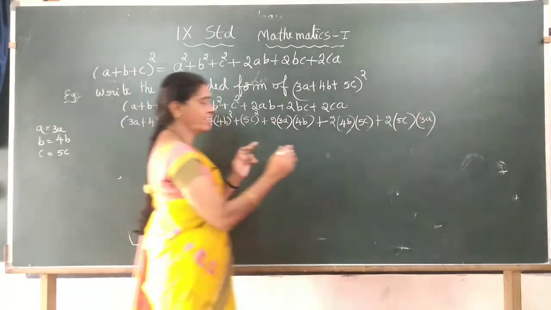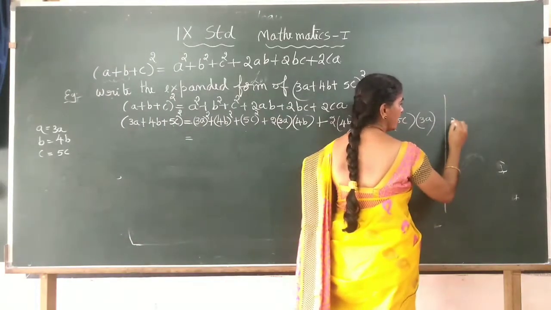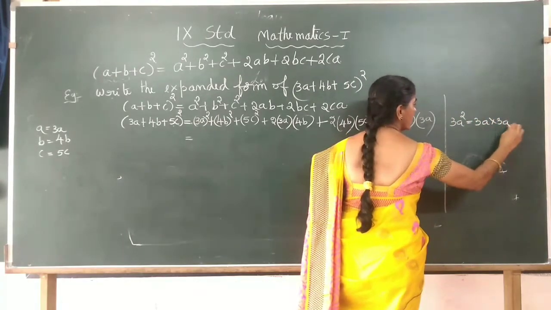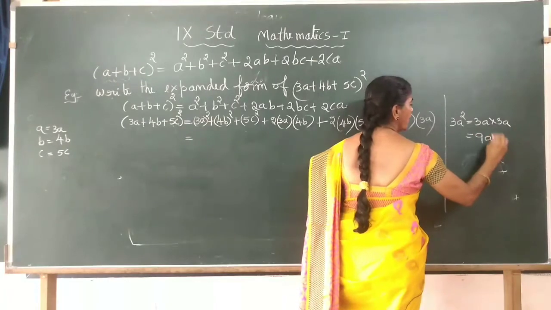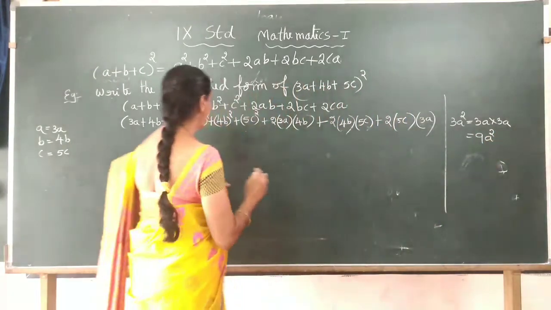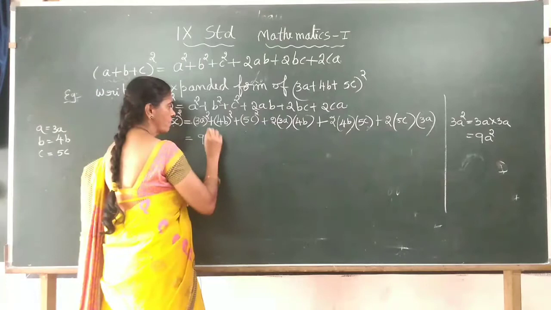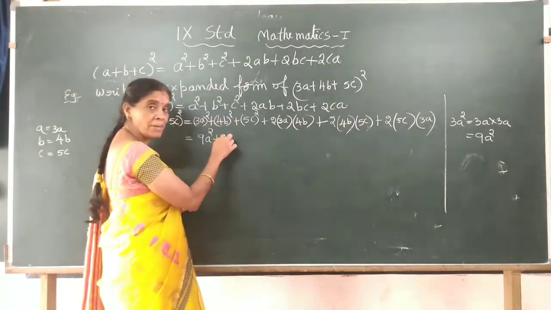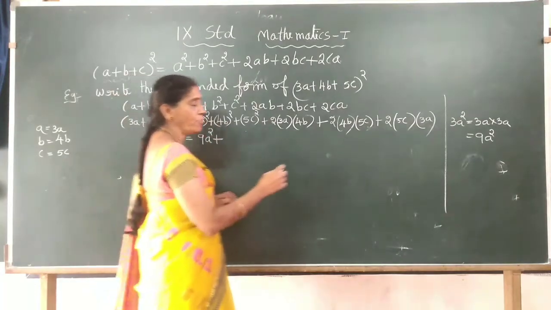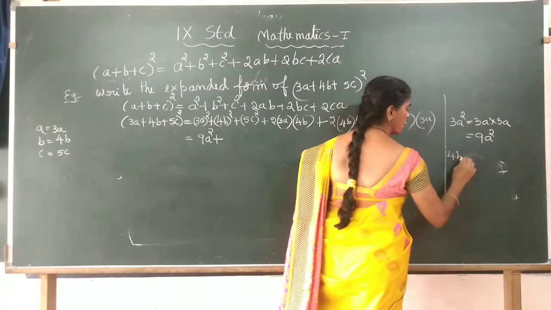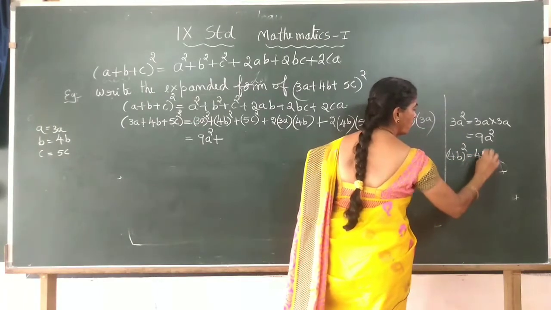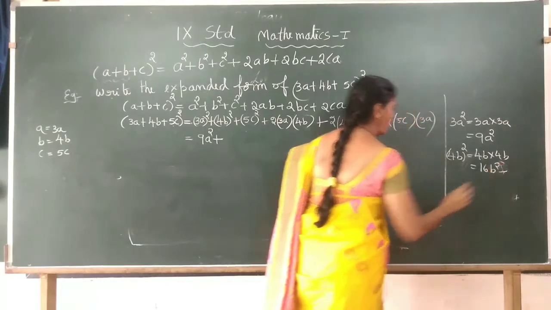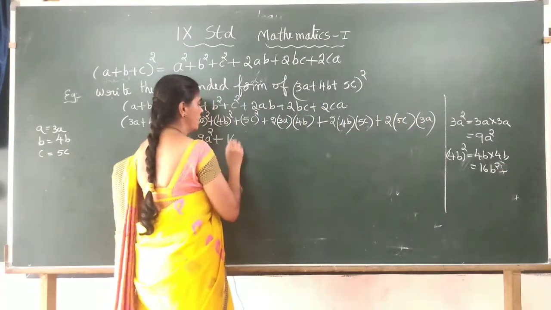3A whole square. What is the meaning of this? It is nothing but 3A into 3A. 3 threes are 9, A into A is A square. So 9A square plus (4B) whole square, which is 4B into 4B, equal to 16B square.